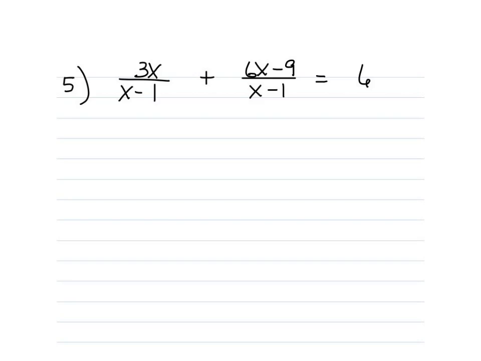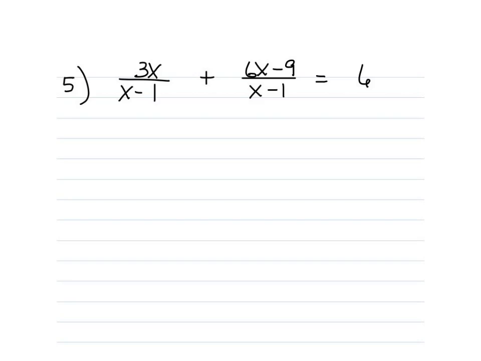Number 5, 3x over x minus 1 plus 6x minus 9 over x minus 1 is equal to 6. Again, I'm going to rewrite this just to keep it neat. Just spread apart, giving myself enough room between terms to multiply times the LCD.